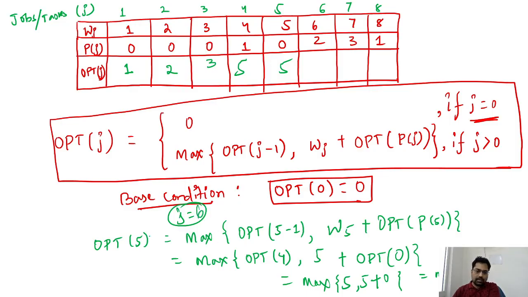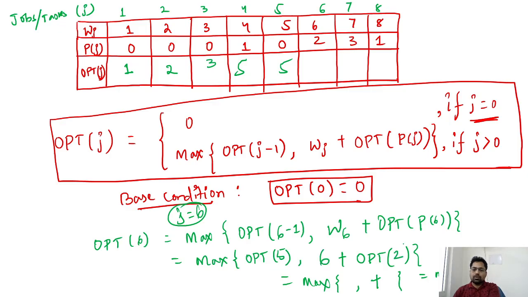Now 6, here it is 6. 6 minus 1 is 5. So I am here considering this as 6. This is 6. If you are considering 6, OPT 5, the weight of the 6 is 6.